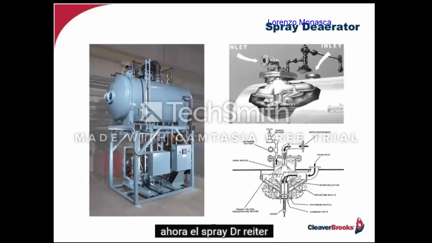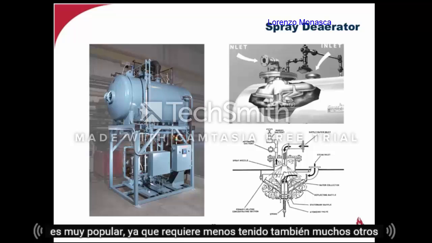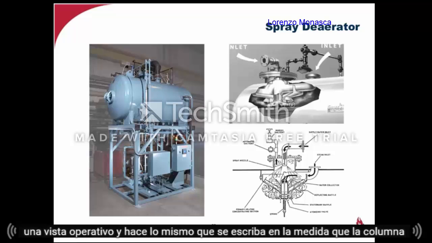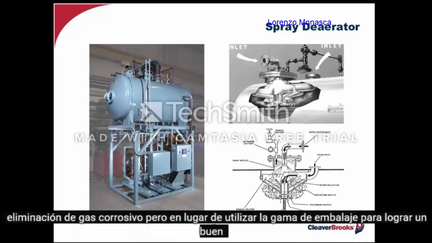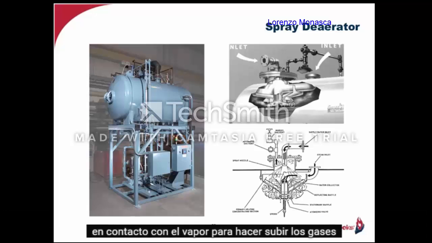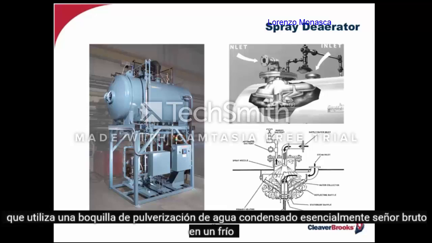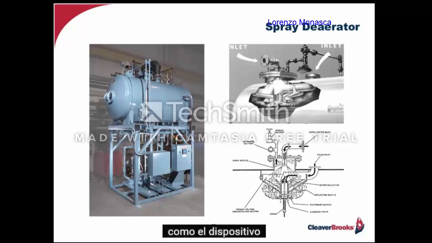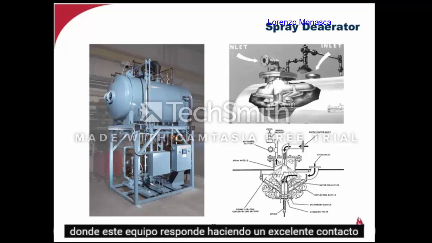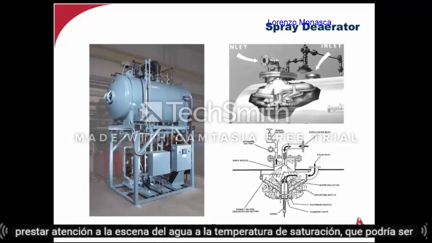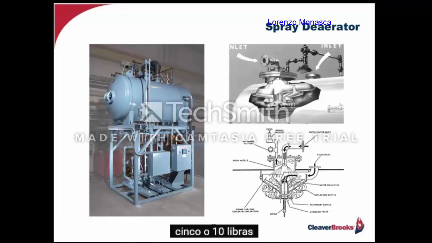Now, the spray deaerator is very popular because it requires less headroom than the other designs. And operationally, it does the same thing as the column type as far as corrosive gas removal, but rather than using the packing rings to achieve good contact with the steam to drive off the gases, it uses a spray nozzle to essentially mist the raw water or condensate into a cone-like device where the steam enters, making excellent contact, heating the feed water to the saturation temperature, which could be 5 or 10 pounds.